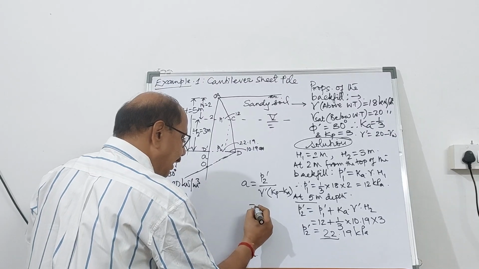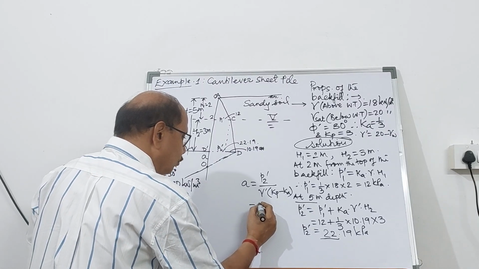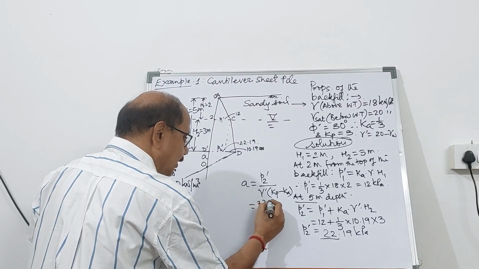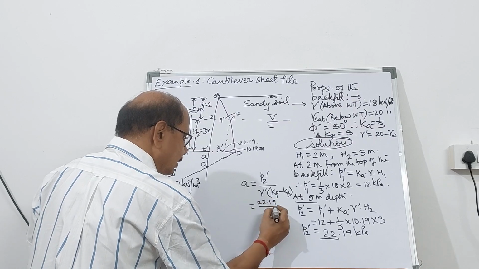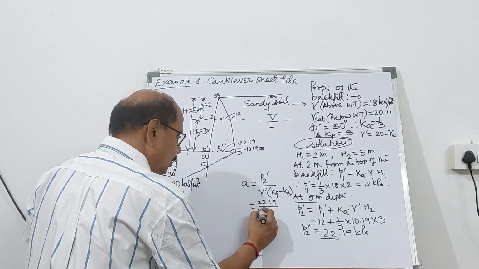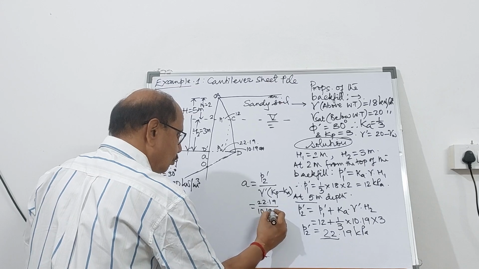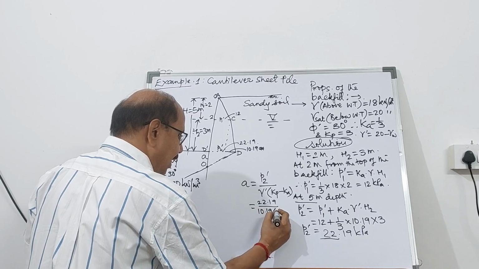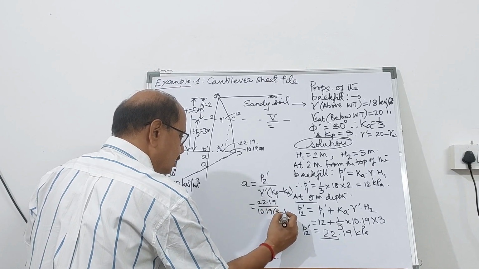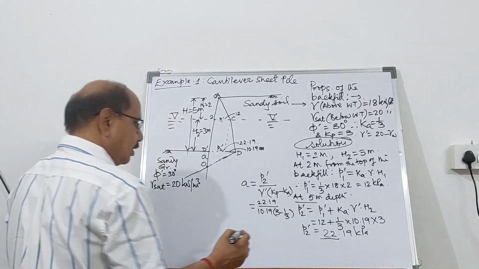Therefore a can be found out: 22.19, gamma prime is also known to us as 10.19, and Kp minus K will be 3 minus 1 by 3.